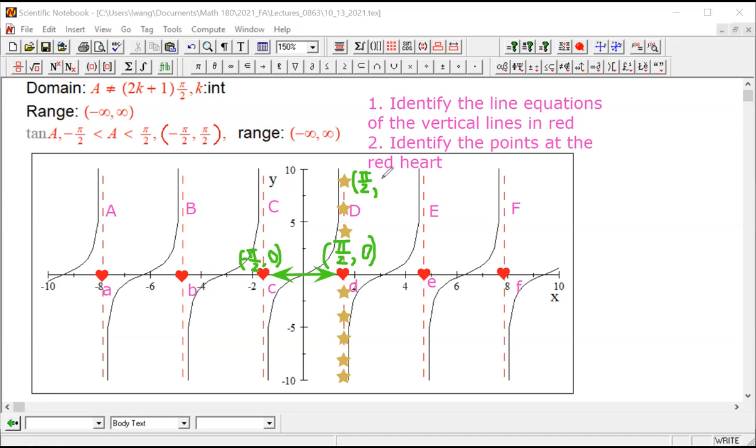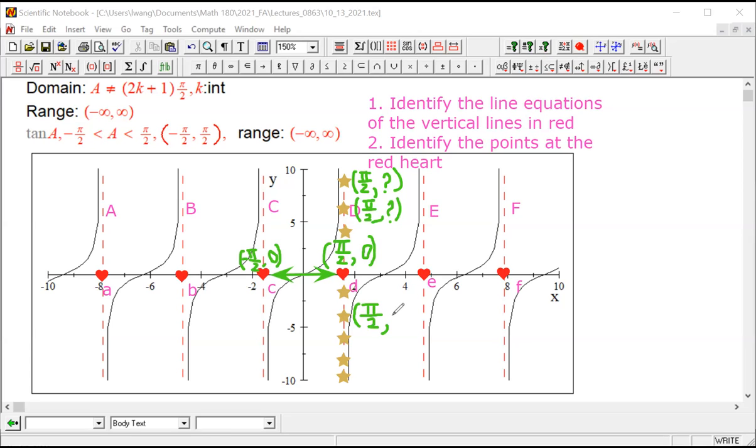Y coordinate, I don't know. The next point also has pi over 2 as the x coordinate, and the y coordinate, I don't know. For all of these points, they have the same x coordinate.